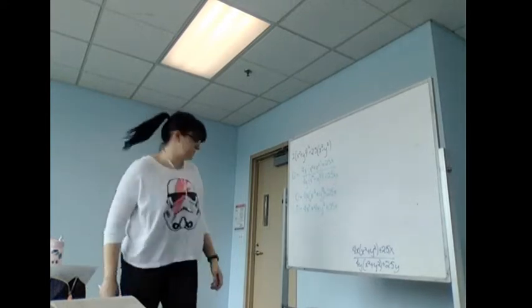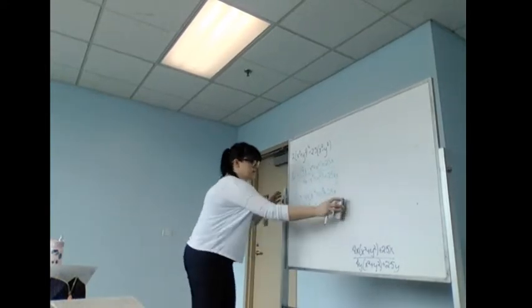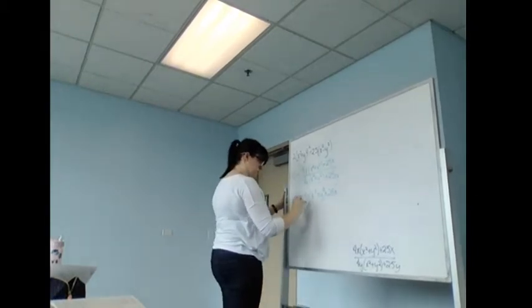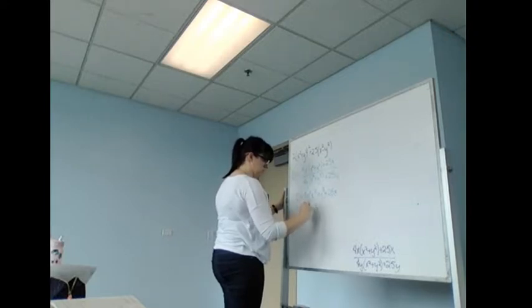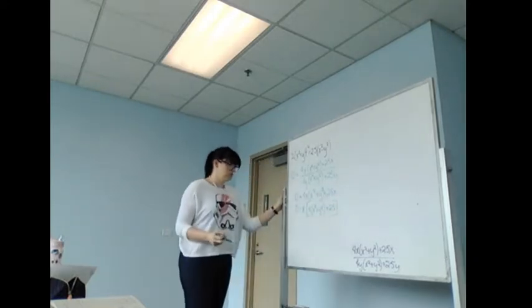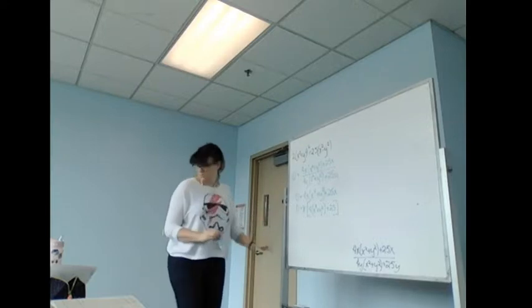Oh, that's what I did. I didn't do that. Factored out an x. And that gave me 4 x squared plus y squared plus 25. Okay.